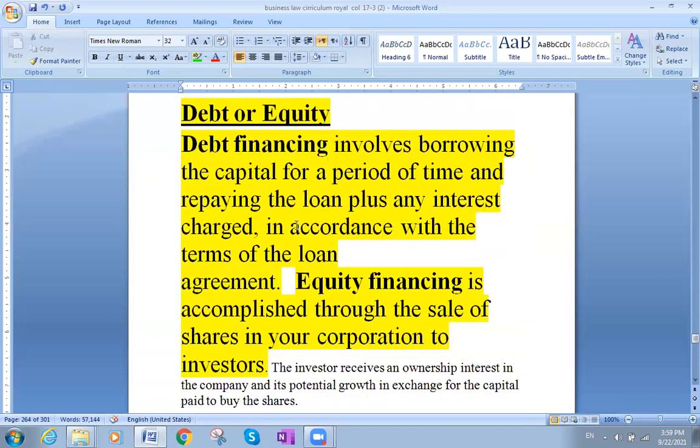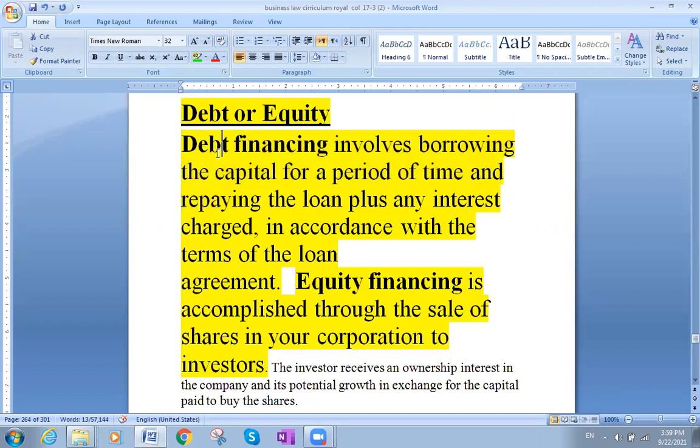Debt financing involves borrowing capital for a period of time. So I will borrow the capital for a period of time and repay the loan plus the interest charges. That's fine. Now, I took a loan, or I borrowed $1,000, and I will return $1,500.